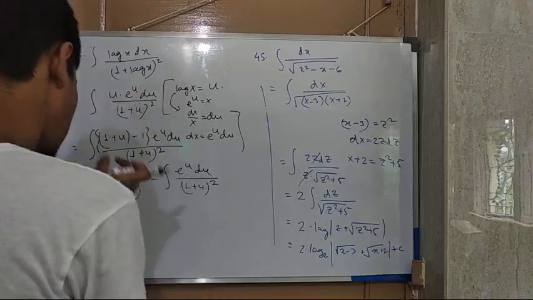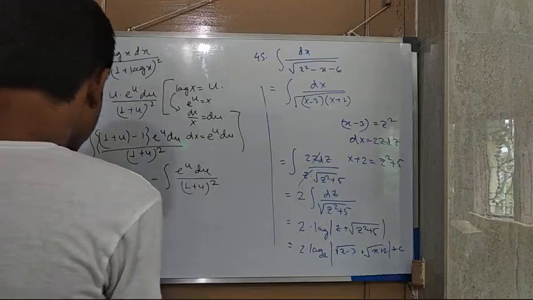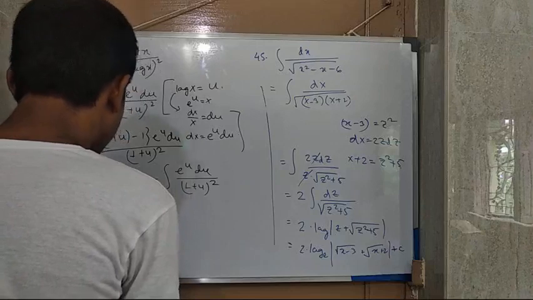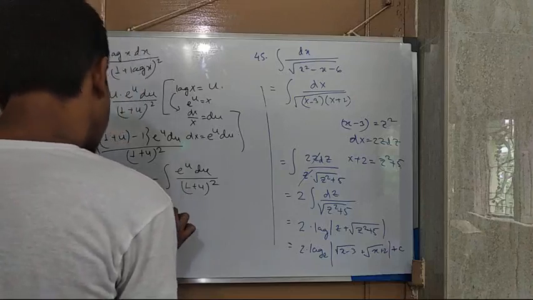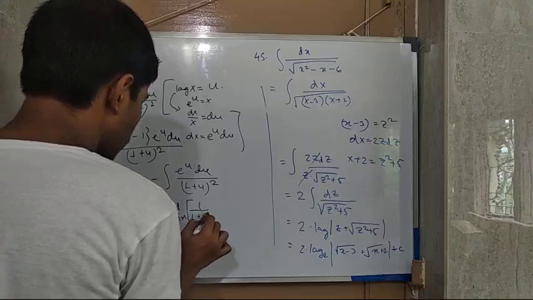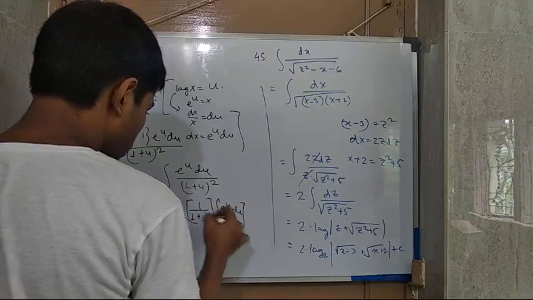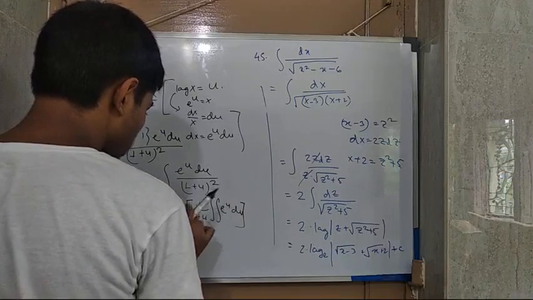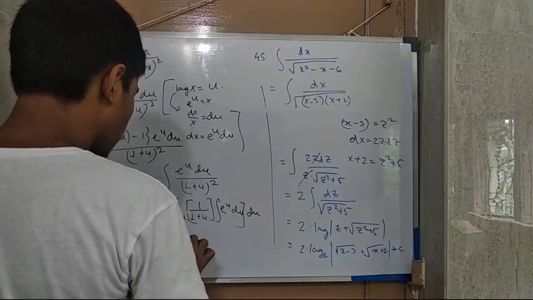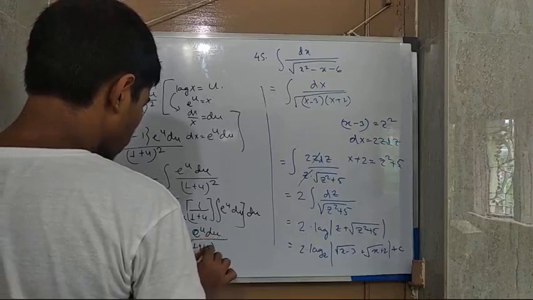Now if we integrate this, it becomes 1 by 1 plus u times integral e to the power u du, minus the derivative of 1 by 1 plus u times integral e to the power u du, minus e to the power u du by 1 plus u squared.